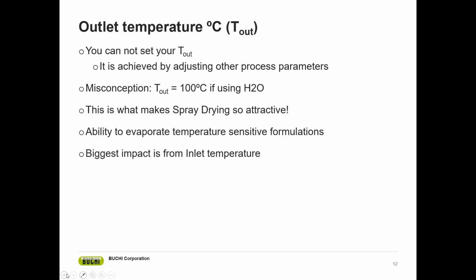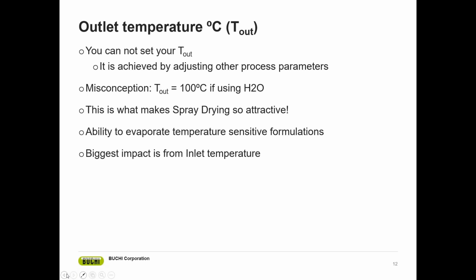I think one of the more important attributes is our outlet temperature. So as I said previously, I cannot set it. It's an effect of the other parameters. So we kind of have to wrap our head around this one a little bit more. There definitely is a misconception that if I'm using water, that I have to be at 100 degrees Celsius. That's absolutely not true in spray drying because I'm creating smaller droplets.